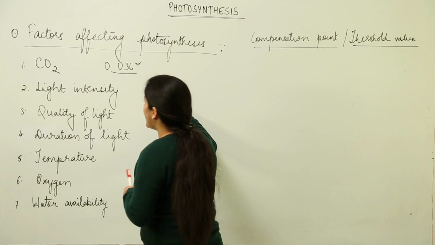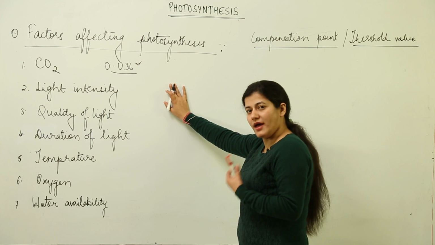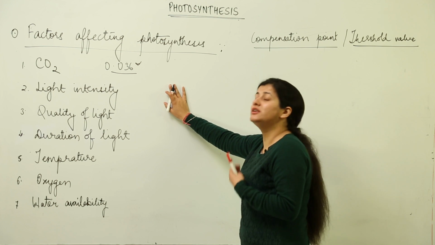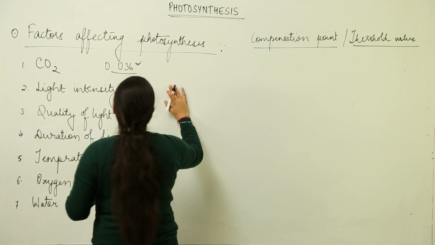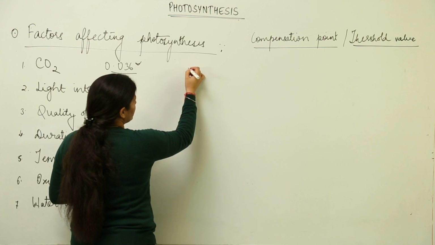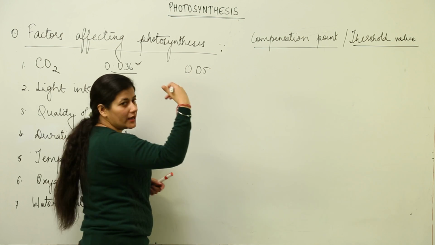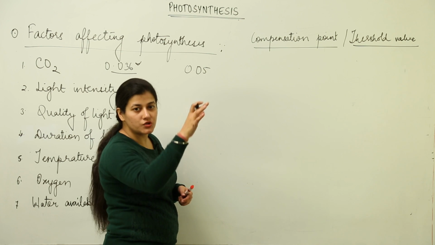Now, this carbon dioxide is required in different quantities at different levels in different plants. If I increase this concentration to 0.05, then the plant would perform photosynthesis exceptionally well.